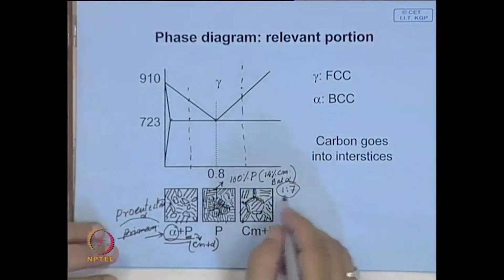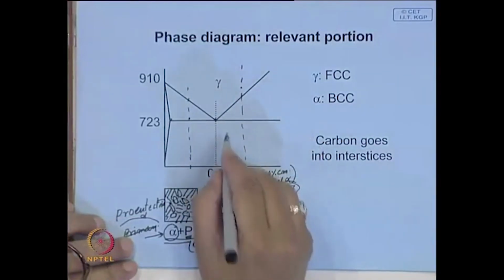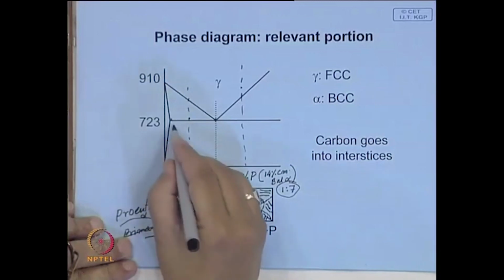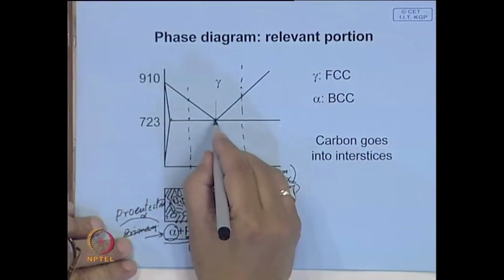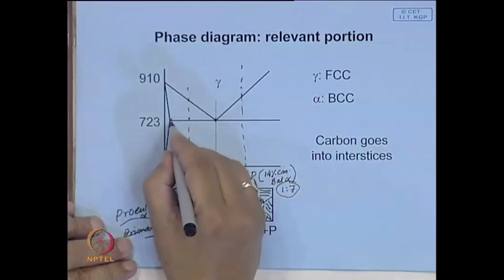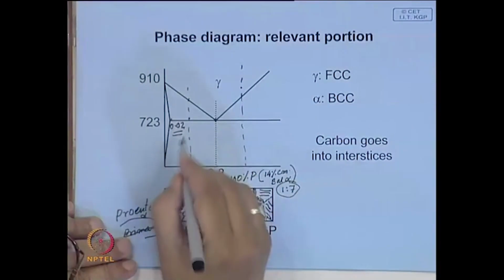But the interesting thing in hypereutectoid steel, because of the composition, is that in hypoeutectoid steel the amount of ferrite increases from 0% at 0.8 to around 100% close to 0.02 carbon.